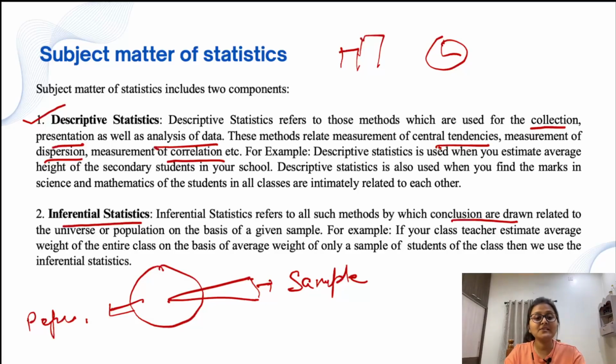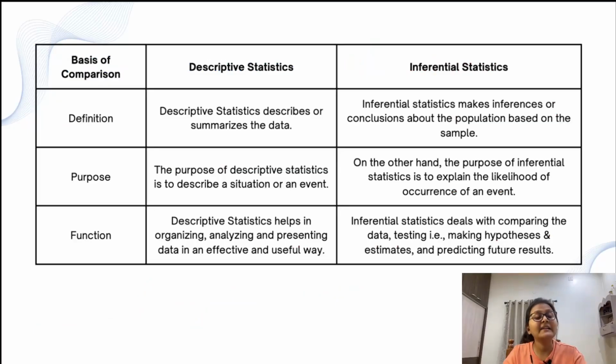Right, now let us look at the third slide and the comparison between descriptive statistics and inferential statistics. Firstly, descriptive statistics helps to describe and summarize the data in a tabulated manner, whereas inferential statistics makes inferences or conclusions about the population based upon the sample which is drawn from that population.